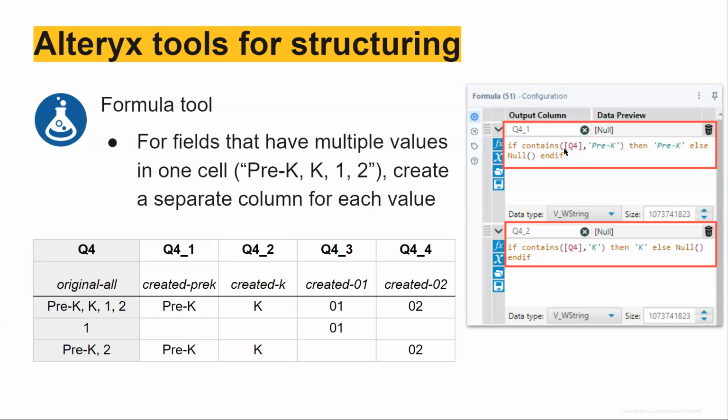And if the original column, Q4, contains the string pre-K, then put pre-K in our new column 4.1. And then we did this for each grade. If the original column contains K, create a new column called 4.2 and populate it with a K.